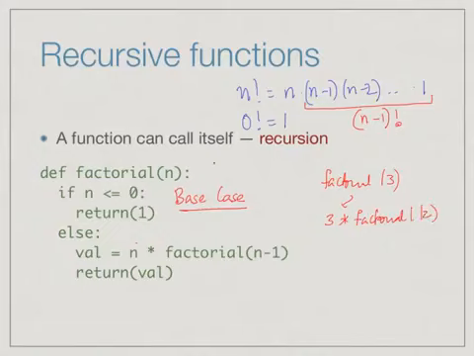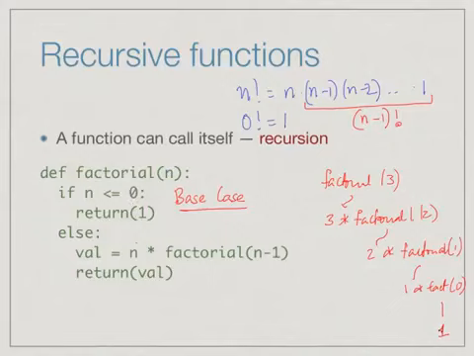That will invoke this function again, and this will give me 2 times factorial of 1 and so on. So factorial of 1 will give me 1 times factorial of 0. And the point is that factorial of 0 will now terminate and it will give me 1, because it says that if the argument is less than or equal to 0, return 1.